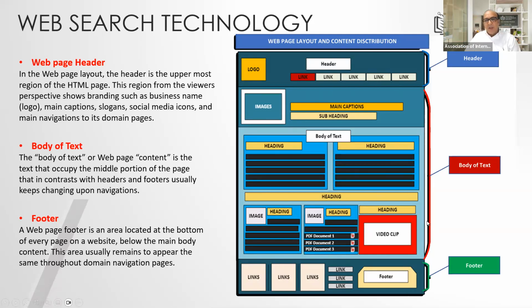Even the footer remains the same, but the main action is in the body of text, which contains all the information sets, including text and the multimedia, images and everything else. So the stomach of it, or the middle portion, the body of text, contains different tags that have an importance or significance for the search to match those wordings that are held inside of those non-meta tags that are in the body of text.